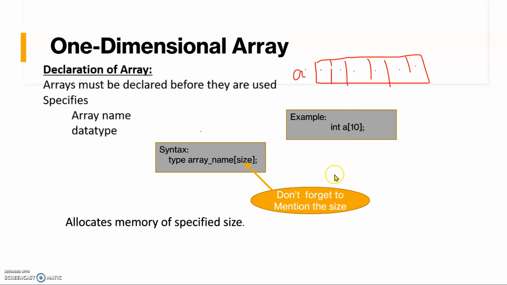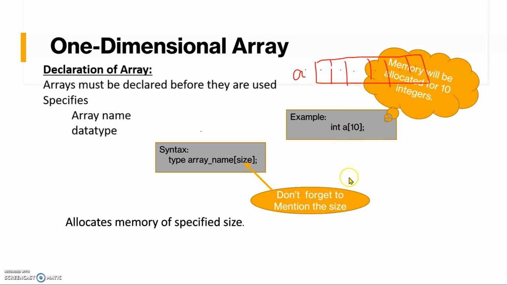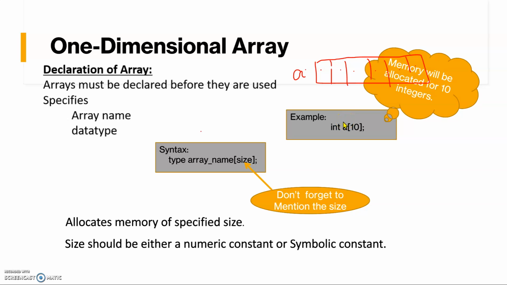So memory will be allocated according to the data type you have mentioned. For this example, 10 memory locations will be allocated, each of 2 bytes because we have declared integer data type. Integer data type size is 2 bytes. So this is how declaration can be done. Size can be either a numeric constant or a symbolic constant.